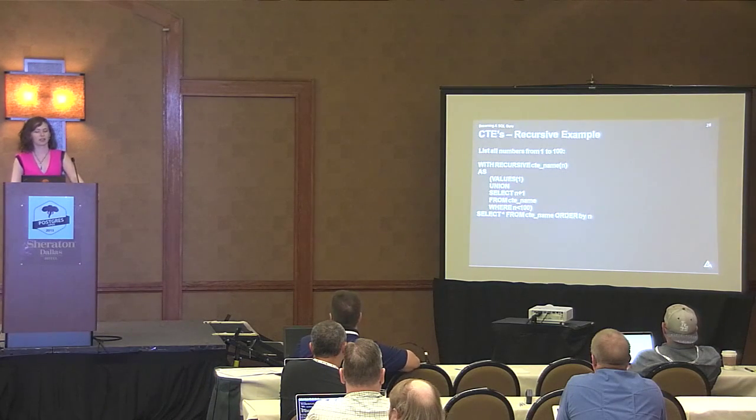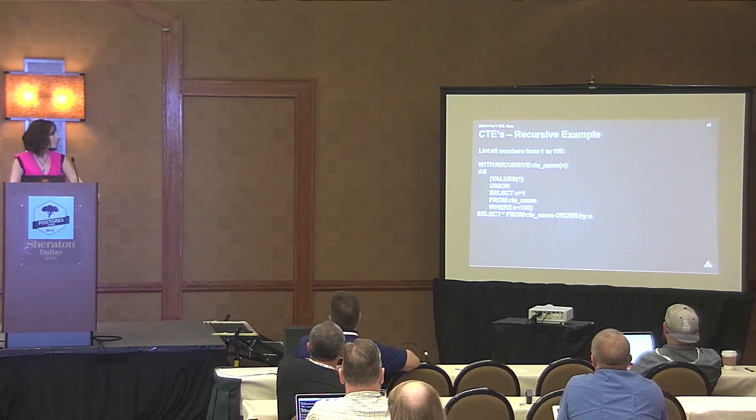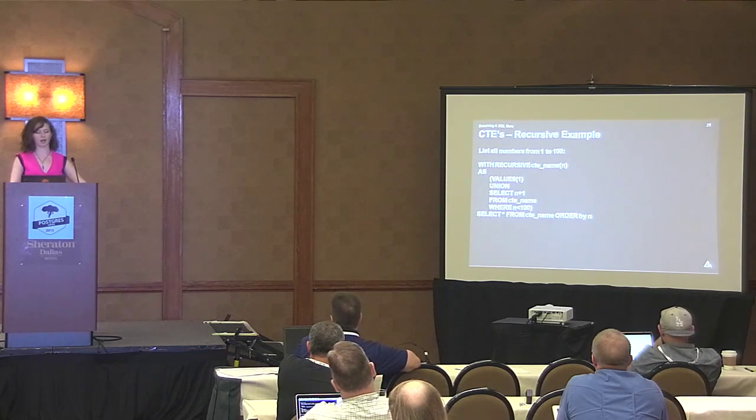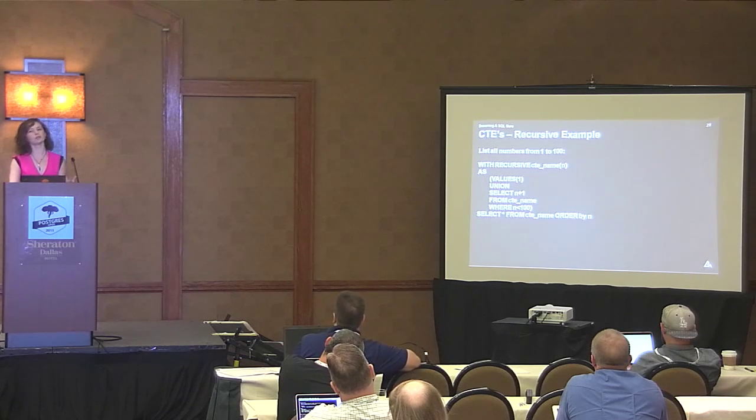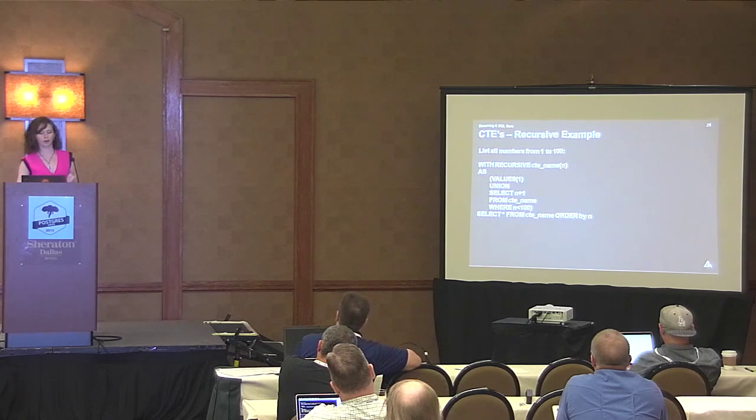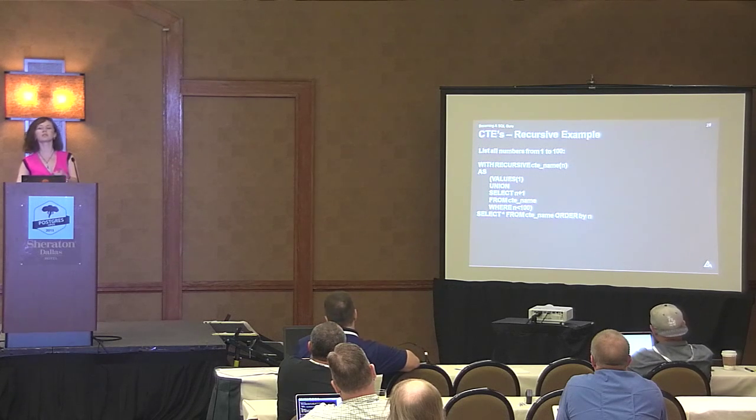Recursion. In this example, we're going to try to list all numbers from 1 to 100. With a recursive CTE, we specify our CTE name, and then we have to specify our non-recursive parameter first. In this case, we're just going to start with value 1. And then we're going to union it, or union all, depending on what you're going for, with select n plus 1 from the same CTE name.